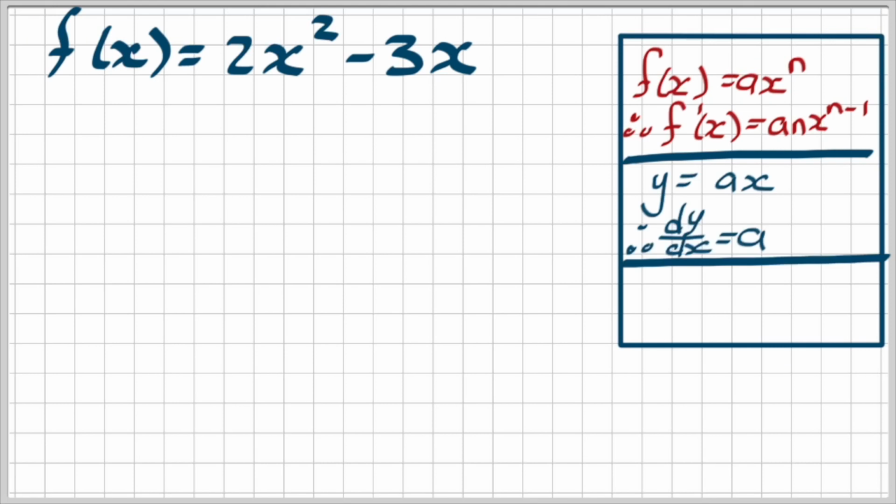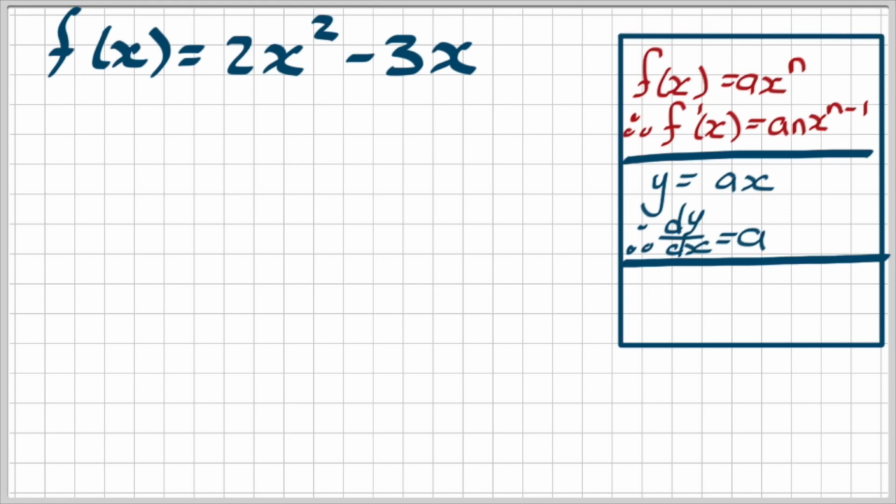The second rule says, if I've got y equal to ax, as if it is a straight line, dy over dx is simply the gradient of your straight line, because derivative means gradient at a point. So the gradient of ax is just a.